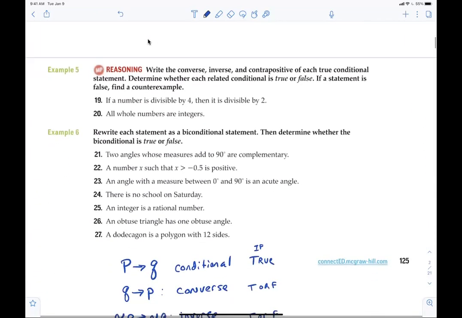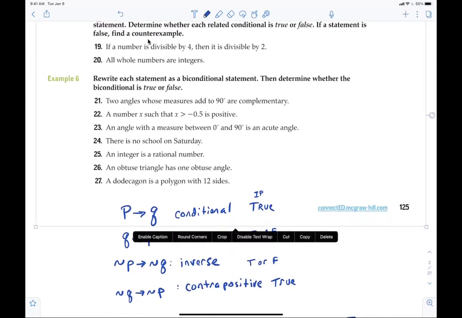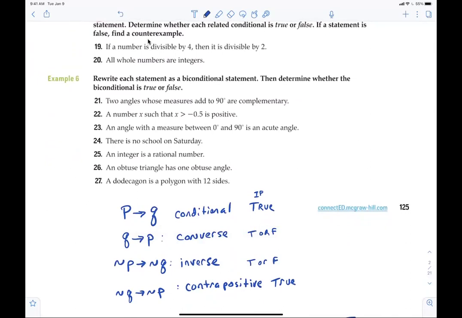All right, so back to 19. Does anybody have any issues with 19? Why are the inverse and the contrapositive not true? Your job is to tell me of a number that's not divisible by 4 but is divisible by 2. And I said the number 6. 6 is not divisible by 4, but it is divisible by 2. Yes, Lexi.